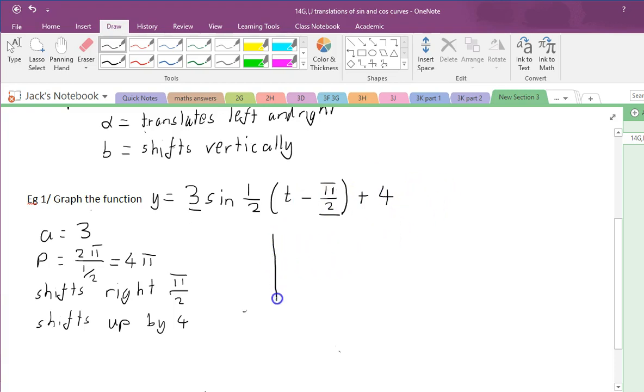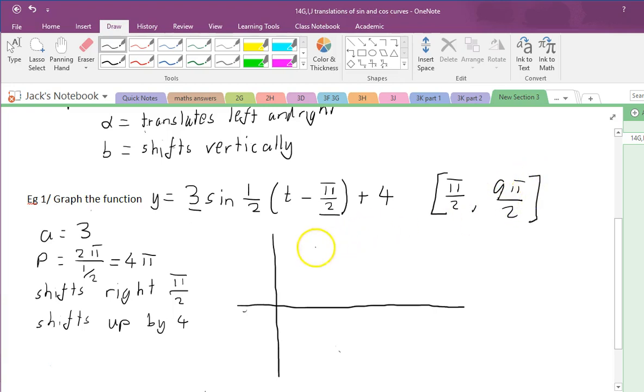Okay, and this one we would graph, so we'll just get into it. So drawing that one out, we'll go between pi on 2 to, 4 pi was added to pi on 2, so that's 9 pi on 2, and that'll get us through a full revolution. They'll often tell you which one it is there.